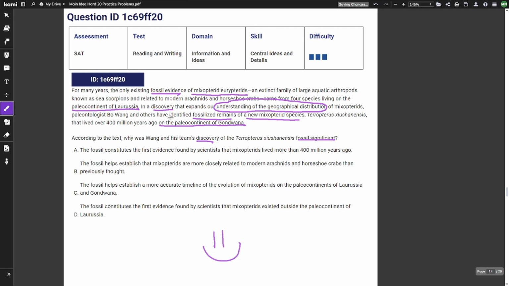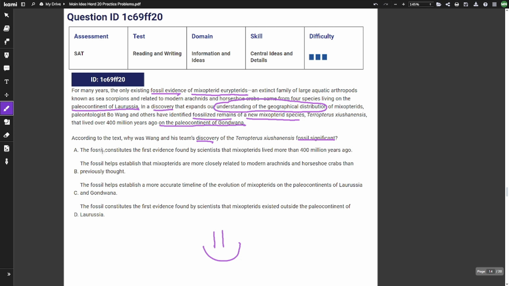So basically, for a super long time, we only knew that these Mixoterids lived on Laurasia. But now, we found new fossils that give evidence that these Mixoterids also lived on Gondwana, alright? What are these names? Anyways, let's look at our answer choices and see what would make the most sense.